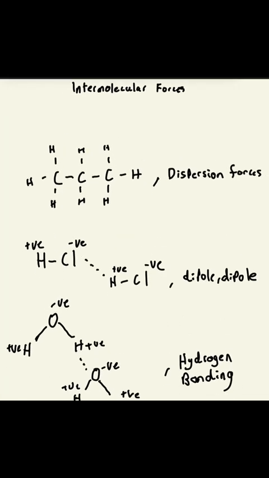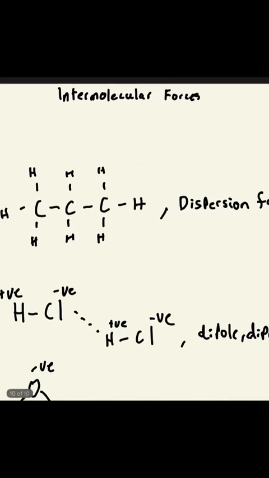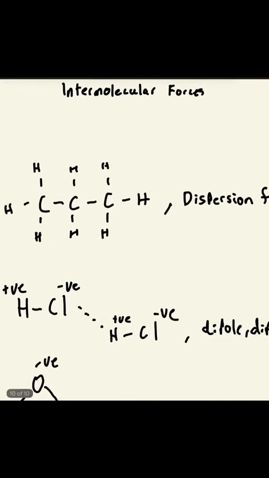So dispersion forces are the weakest form of intermolecular force, and they occur in all molecules, and that's because of temporary fluctuations in electron distribution. So for example, if we look at this molecule here, this is actually pentane.